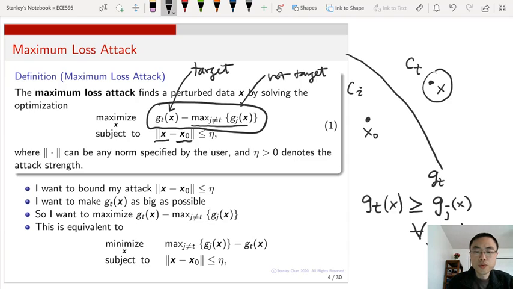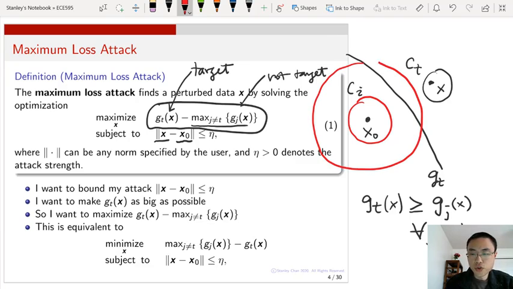Now, you want to differentiate between the maximum loss attack and also the minimum distance attack. In the maximum loss attack, what you are doing is that you define an eta ball around x0. Now, of course, the eta ball has to be sufficiently large so that within this eta ball, you will be able to go to the wrong class.